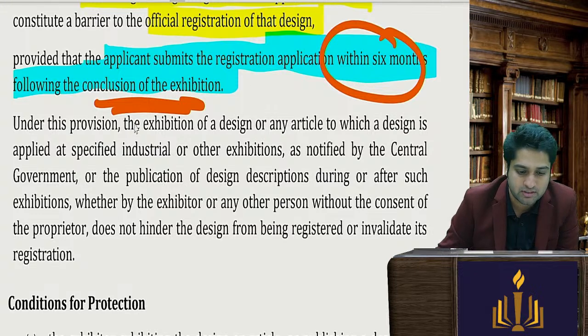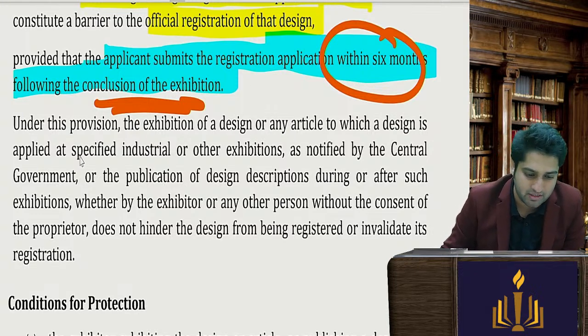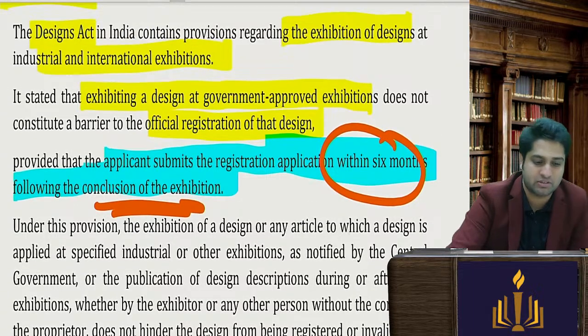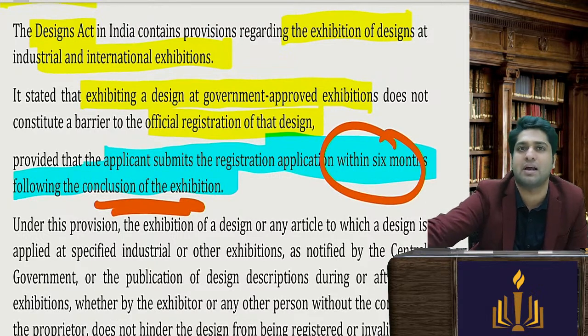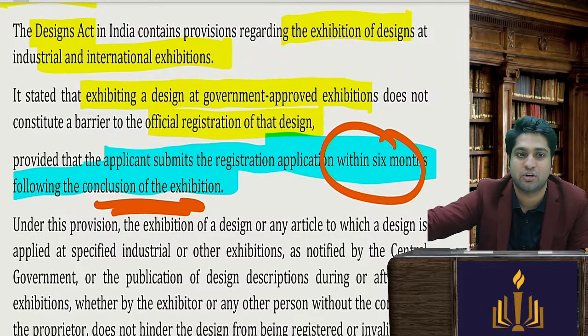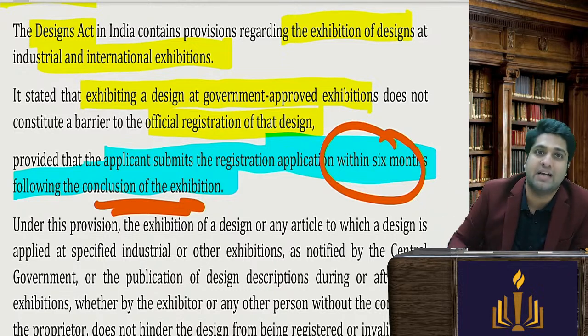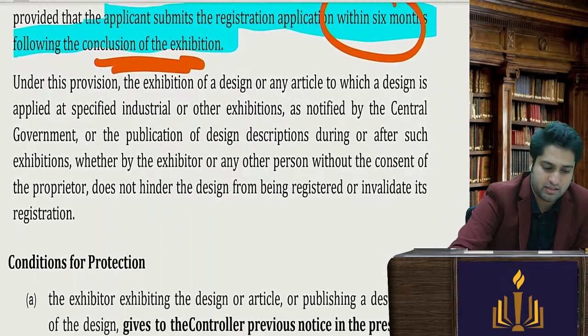Under this provision, the exhibition of designs or article to which a design is applied, whether it was published by me or under my name or my agent or anyone illegally publishing my design, I can still get it in my name.